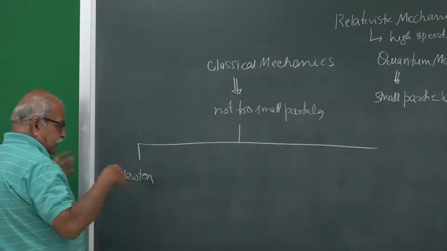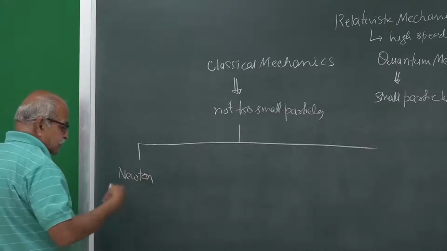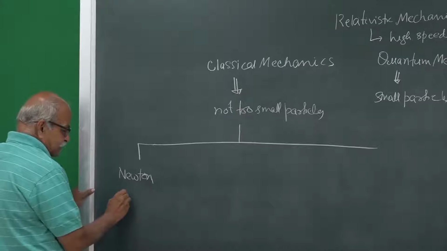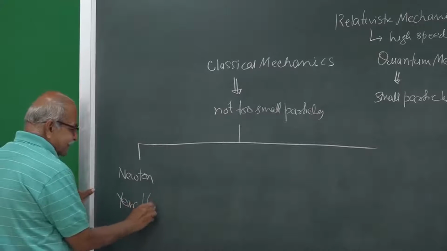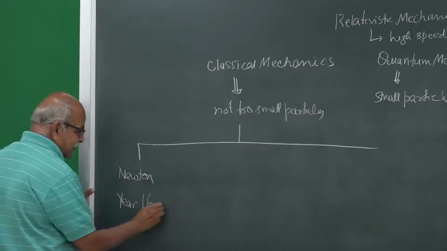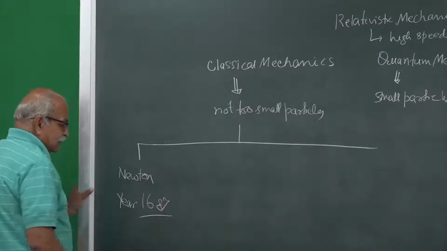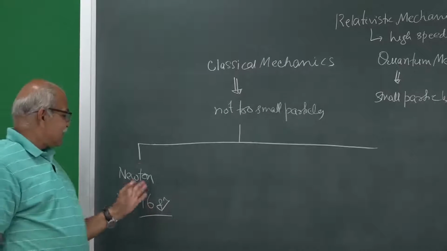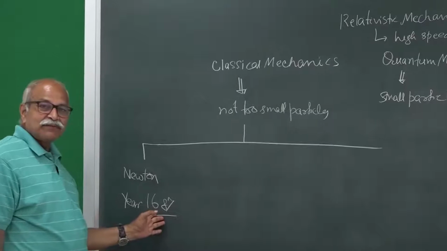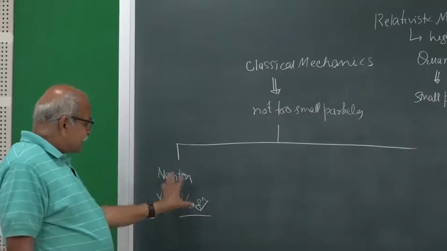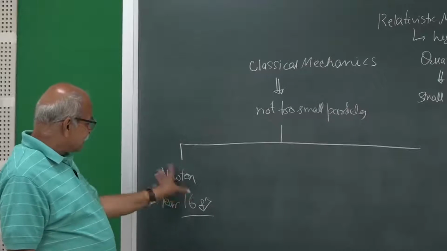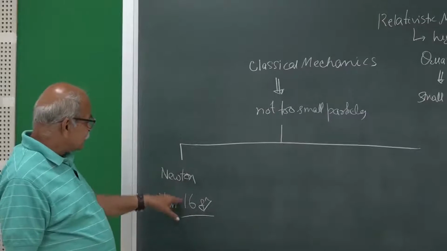This was in the 17th century, around the year 1687, perhaps, when Newton published the mechanics book Principia. So, this is roughly the later half of the 17th century, the period when Newton formulated this.